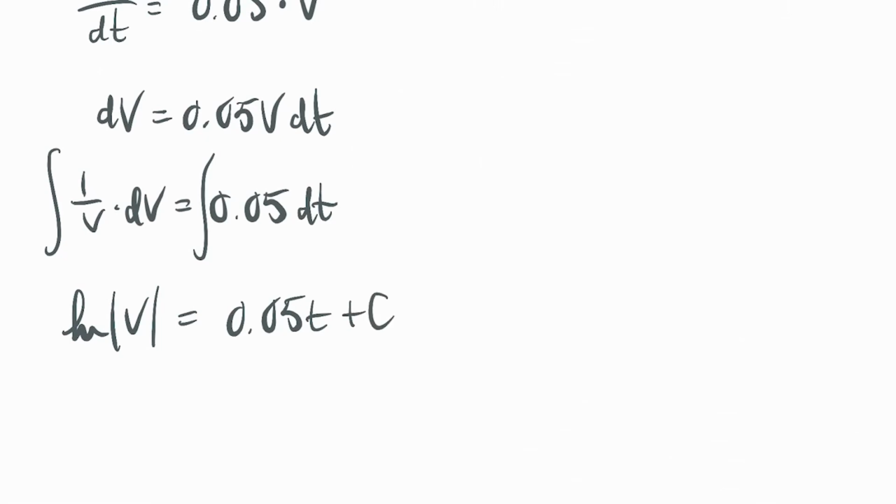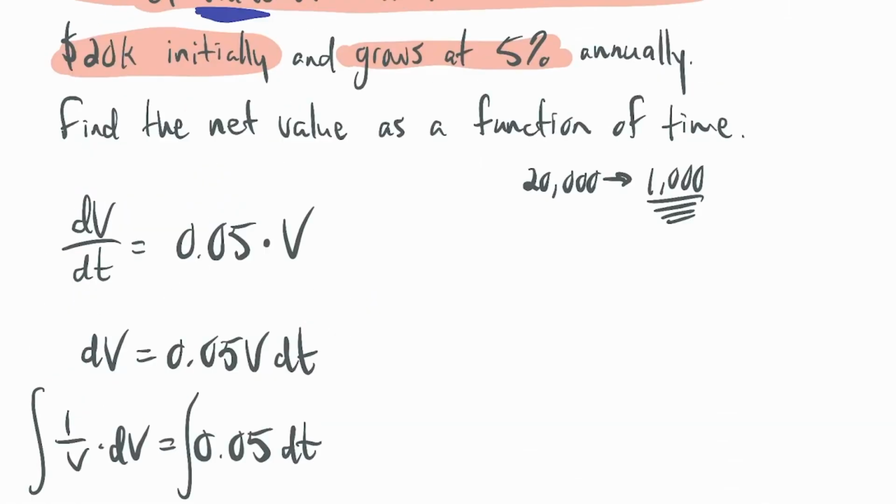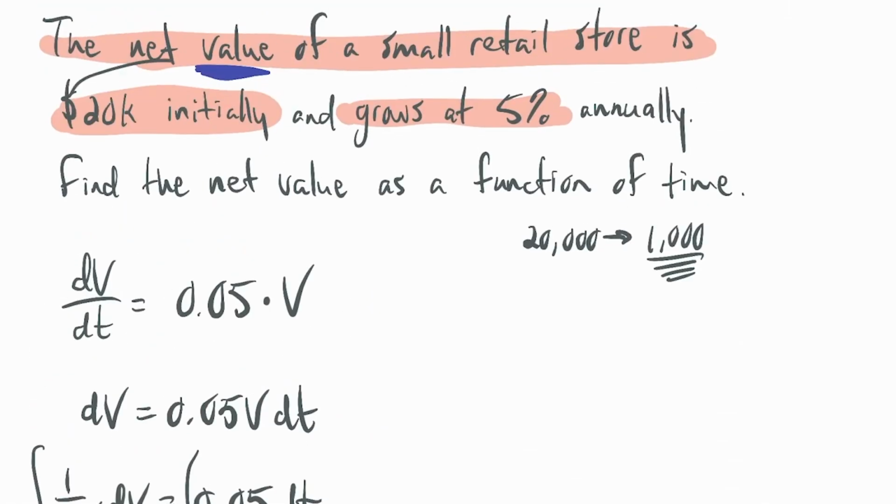So at this point, I can say, oh, well, I need to move this ln, and it's going to become an exponential base on the other side. So the absolute value of v is going to be e to the 0.05t plus c power, okay? And at this point, we want to think about our initial value. The initial value is 20,000.